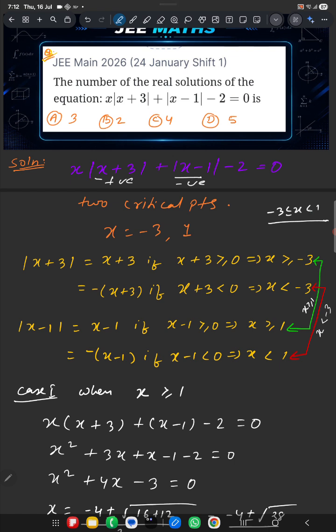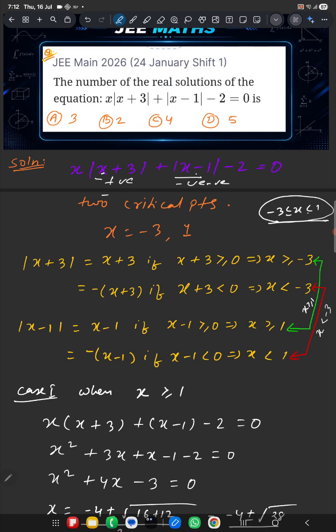Similarly, take a point, suppose 0.5. Here this is positive, and with 0.5 here it is again negative. Yes or no? So the entire range gives a point in which this is positive and this is negative. Am I clear?